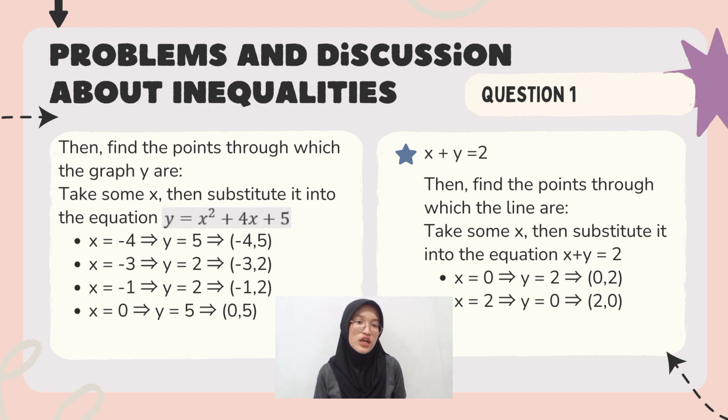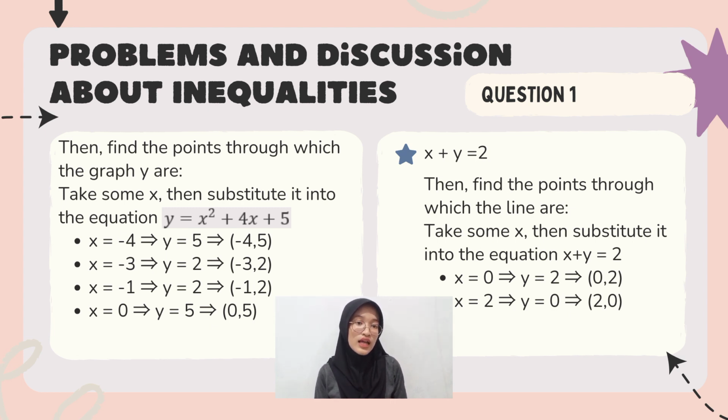So the point is minus 4, 5. Then x equals minus 3. After substituting it into y, we get y equals 2. So the point is minus 3, 2. And others.